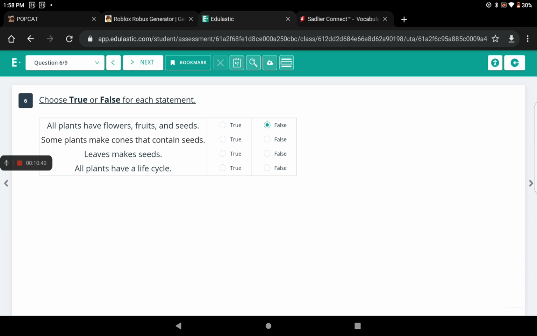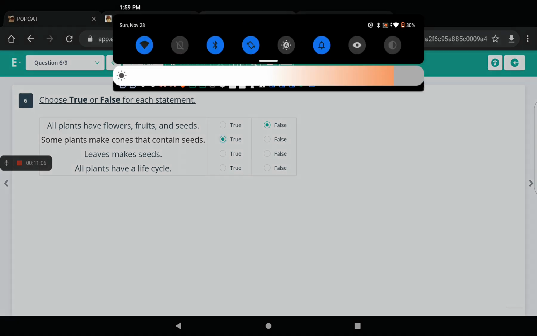Second one. Some plants make cones that contain seeds. The meaning of contain is to keep seeds, to keep them inside those cones. True or false?